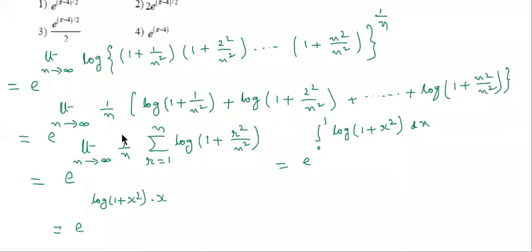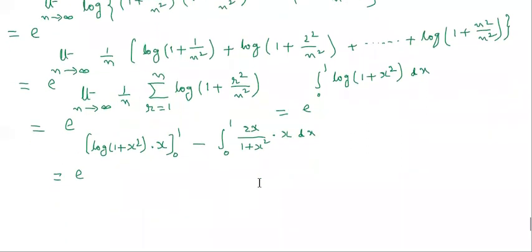Integration 1 dx, x, limit 0 to 1, minus integration 0 to 1 derivative of logarithm, 1 by 1 plus x square, internal derivative 2x, into integration 1 dx, x. Students, all of you understood?